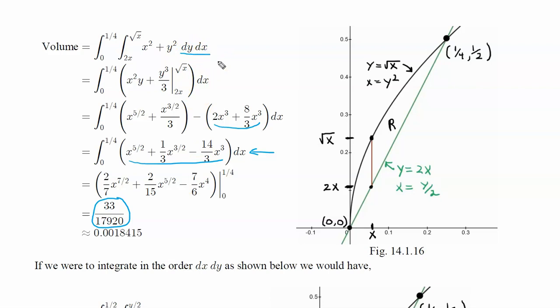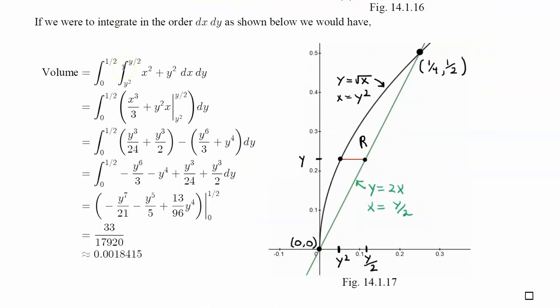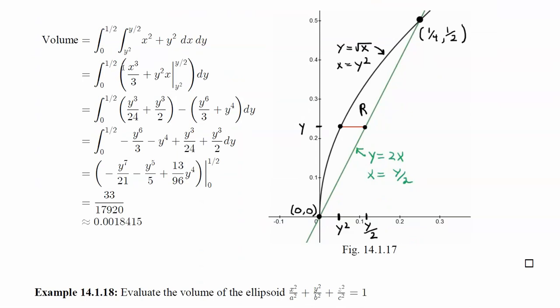Now let's flip the order of integration and see that we get the same thing. Now down here we have the same problem set up, but with the order of integration reversed.